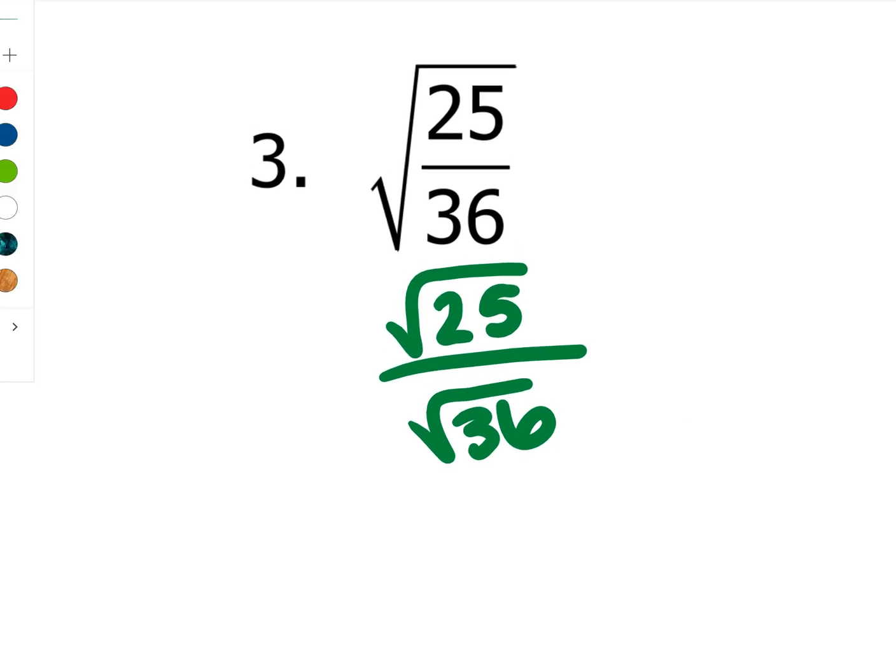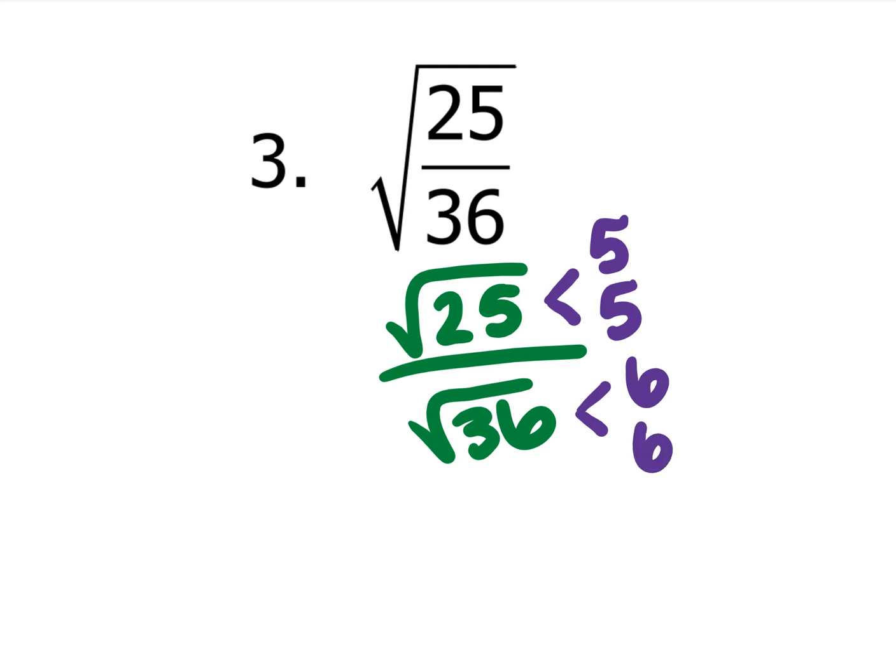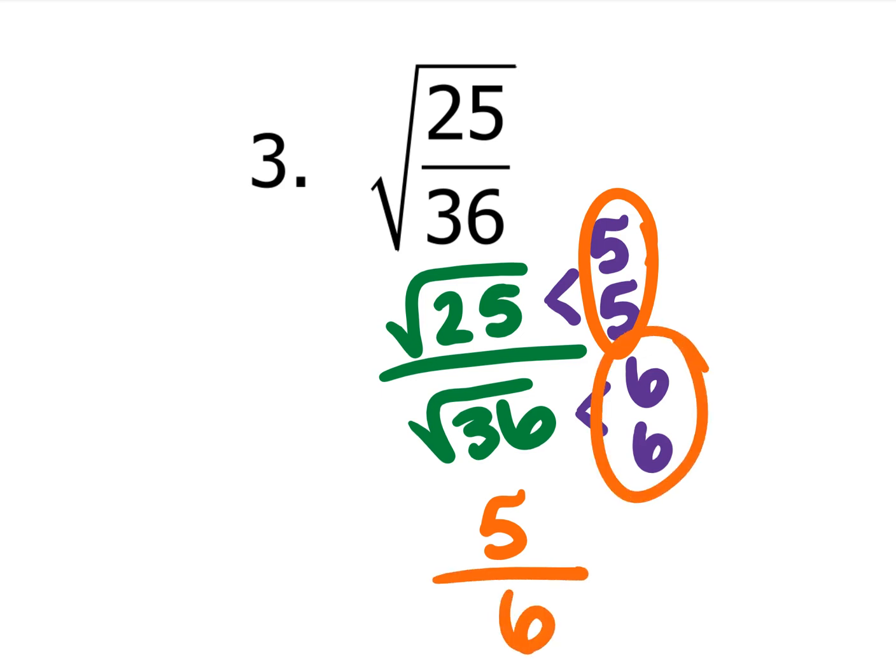When I factor 25, 25 is 5 times 5, and 36 is 6 times 6. So I know I have two perfect squares right there. On top, I have the 5s, they broke out of the radical, over the 6s are going to be on the bottom. And you're just going to leave your fraction like that. So we broke up the radical on top and bottom, and then we're leaving our fraction alone.